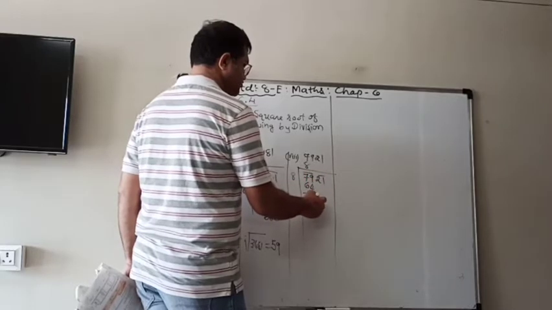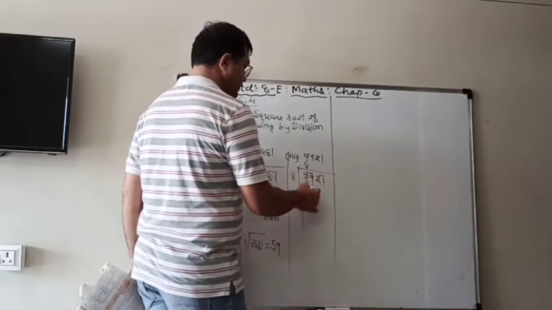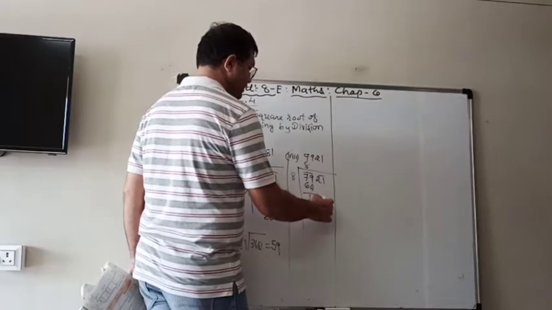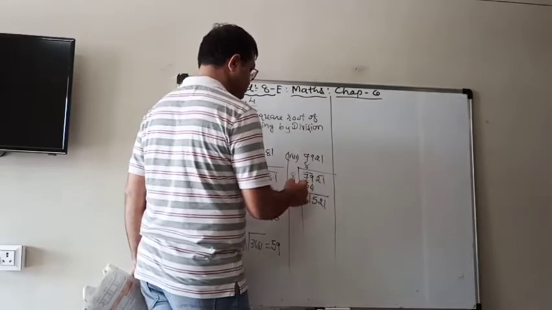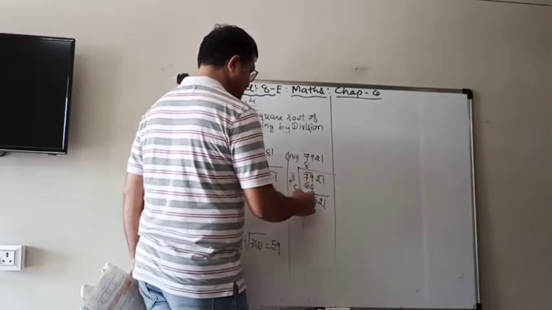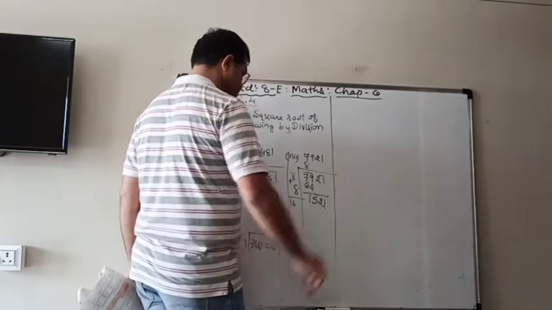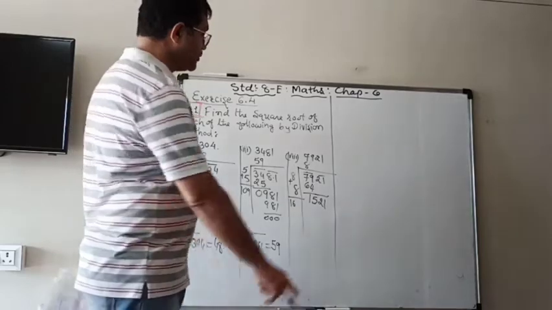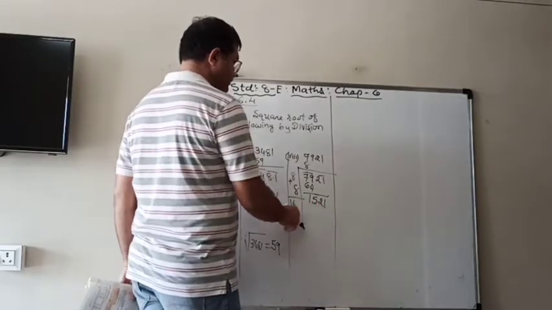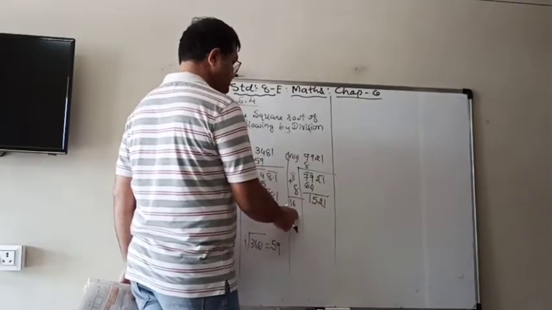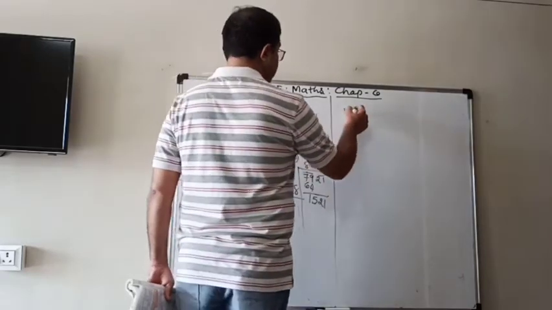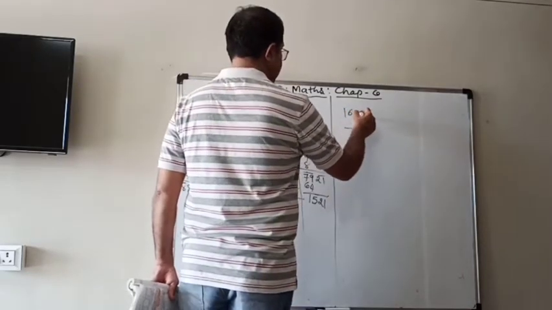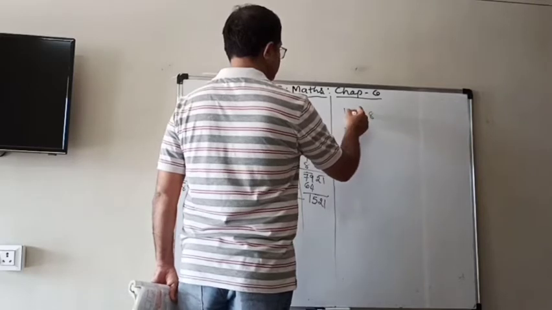79 minus 64 is 15. And the pair is coming down. 8 plus 8 is 16. Now we have to bring 1 here, as I told you, either 1 1s or 9 9s. So we try 9 9s. 9 9s are 81.